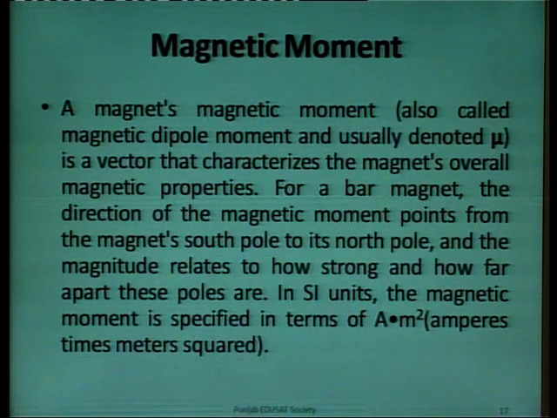In SI units, the magnetic moment is specified in amperes meter squared.